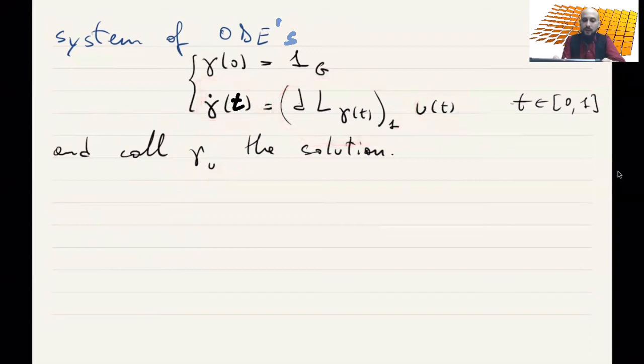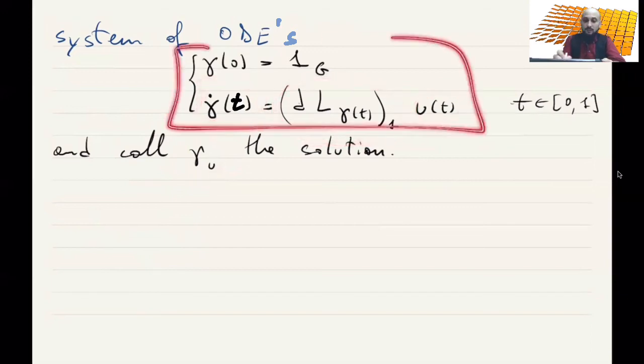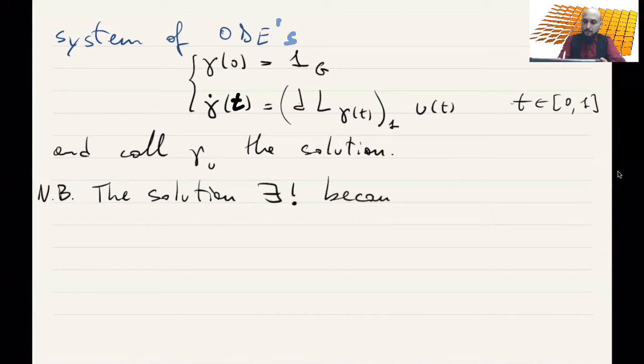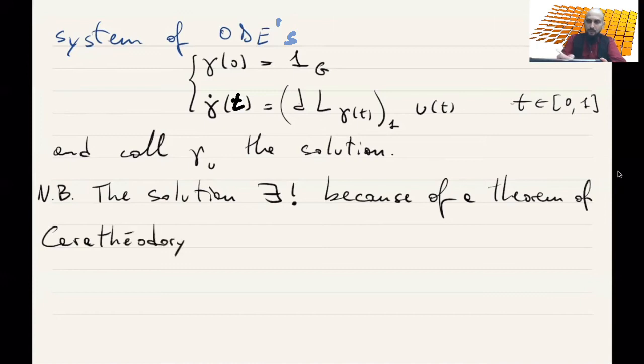Okay. Now, why can this system be solved? Okay, this is a little bit of analysis. Let me just make a remark, but then we will go back later in the case of Carnot groups. So the solution exists and is actually unique because one can apply, for example, a theorem of Carathéodory on ODEs.